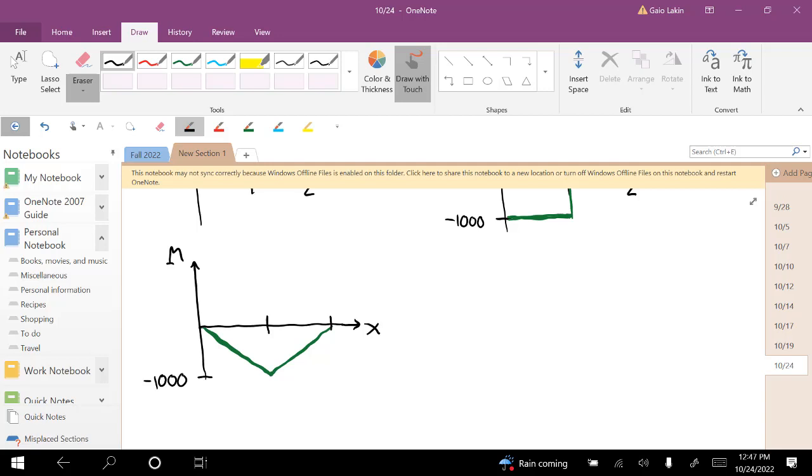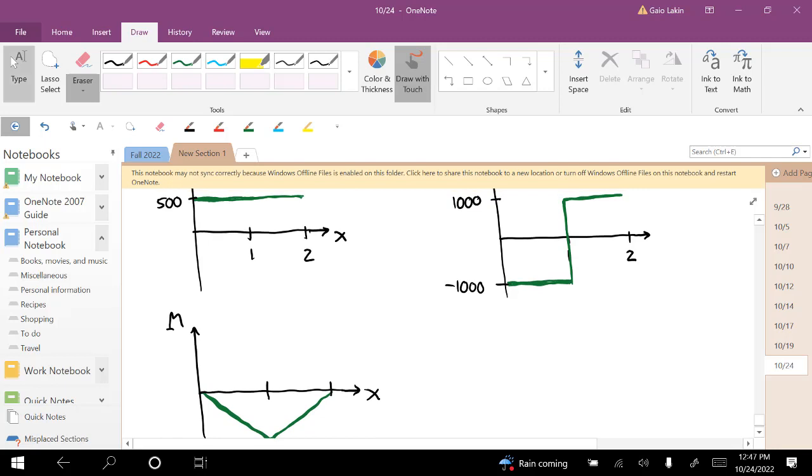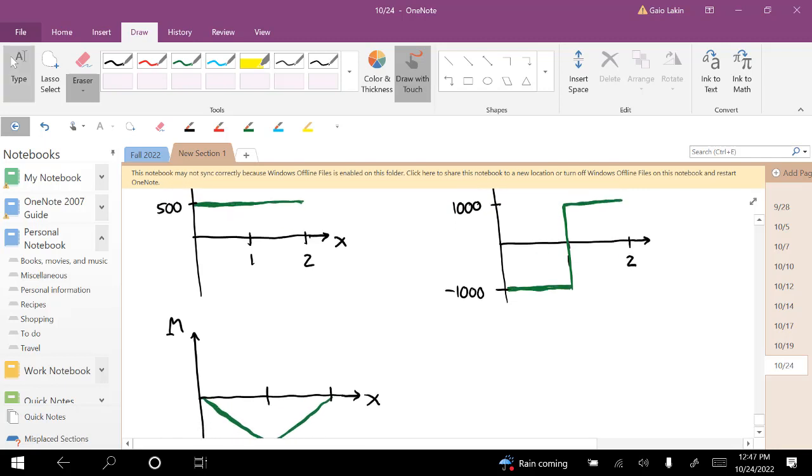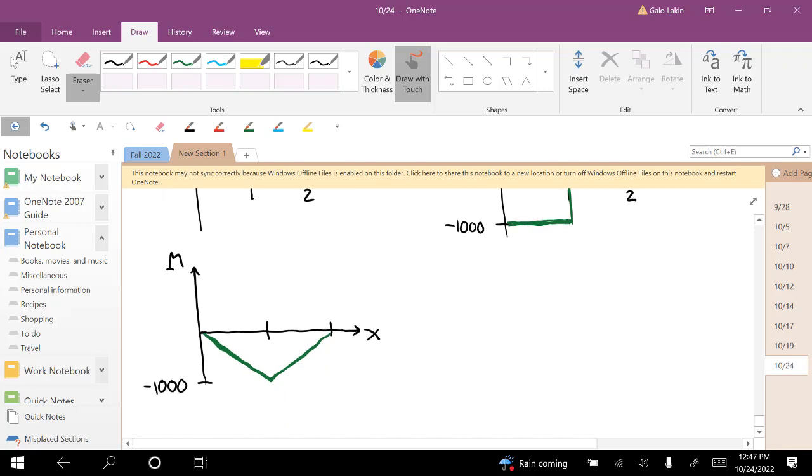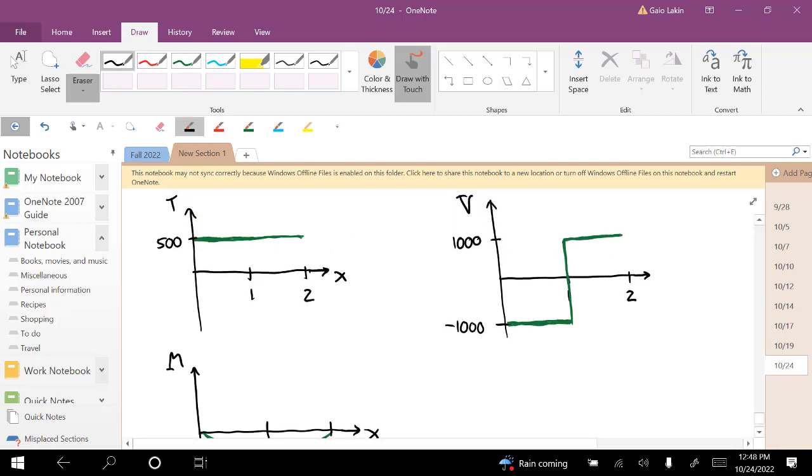Any questions about that? Want to know a weird coincidence? This is crazy. Watch this. What's the slope of M with respect to x here? It drops 1,000 over a distance of 1 on that first half, right? So negative 1,000 is the slope on the first half. Positive 1,000 is the slope on the second half. Look at V, negative 1,000, positive 1,000.